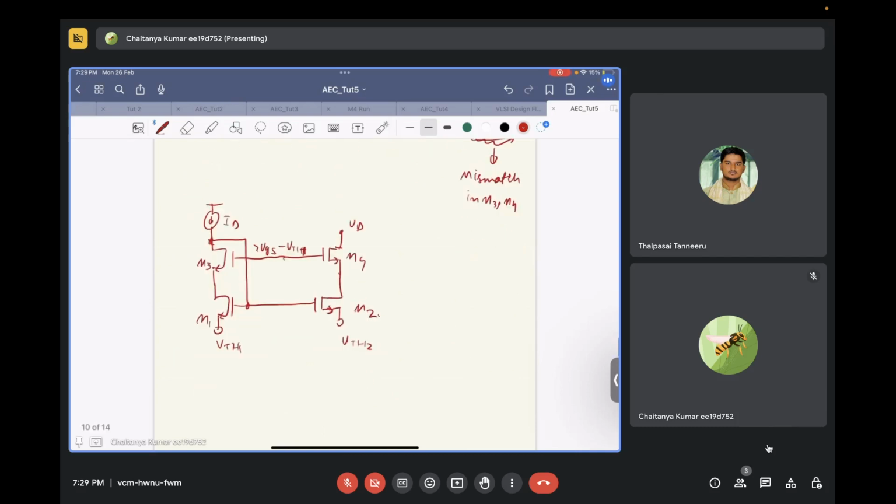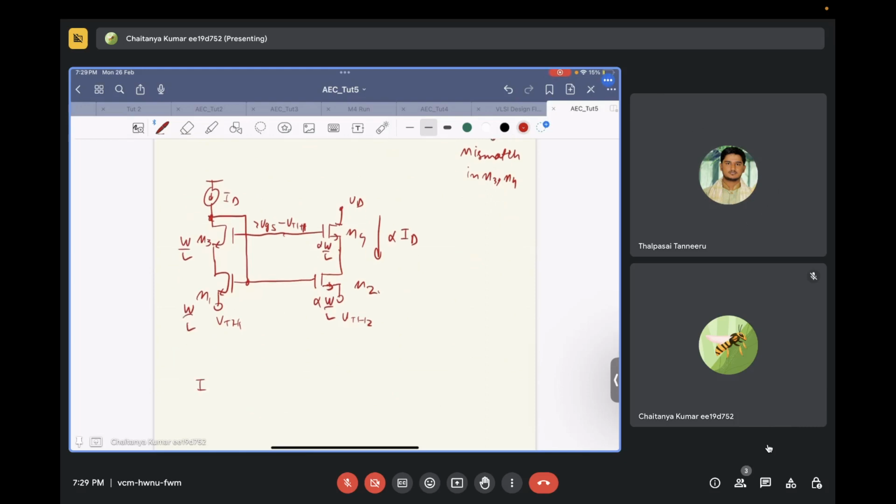Now, in this case, the nominal current is still alpha times ID. This is alpha W by L. This is alpha W by L. This is W by L. And this is W by L. So for the transistor M1, you will have ID equal to half mu1 Cox W by L times VGS1 minus VTH1 whole square.